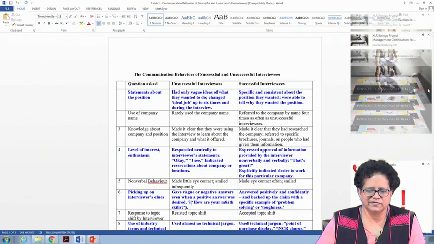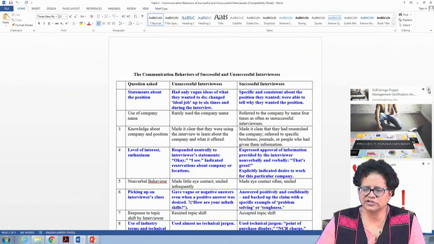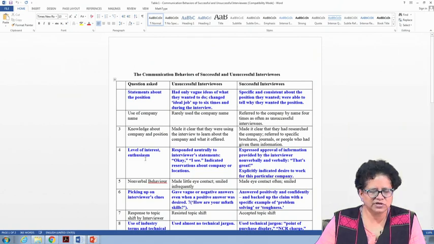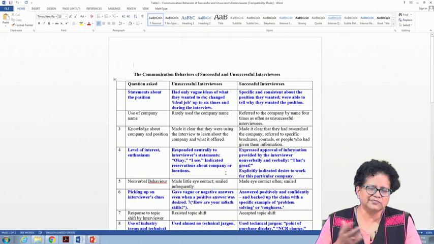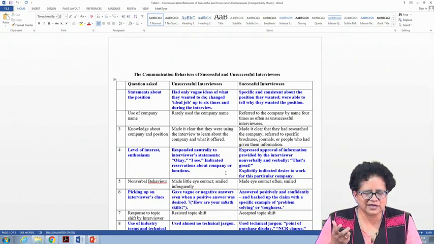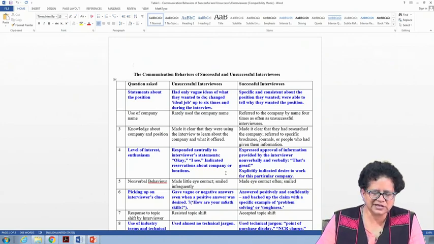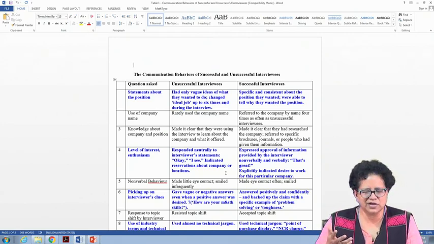Then the next one I would like to draw your attention to is the level of interest or enthusiasm. If the questions asked are towards this angle, then unsuccessful interviewees responded neutrally to the interviewer's questions, with words such as okay and I see. This indicated reservations about the company or the locations they might be placed at.